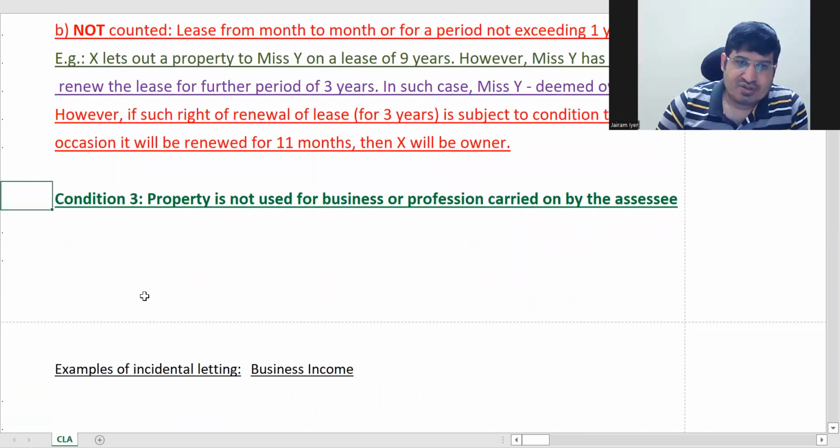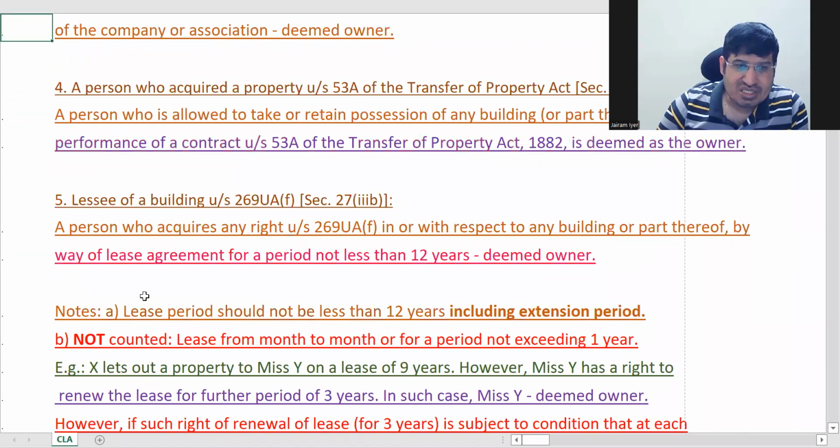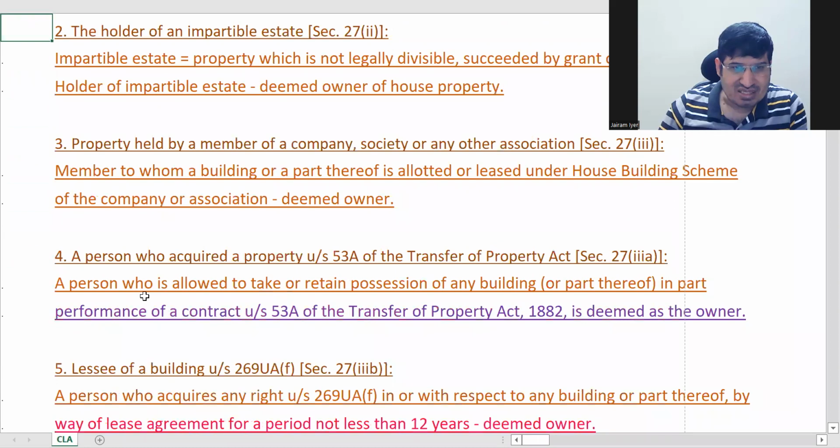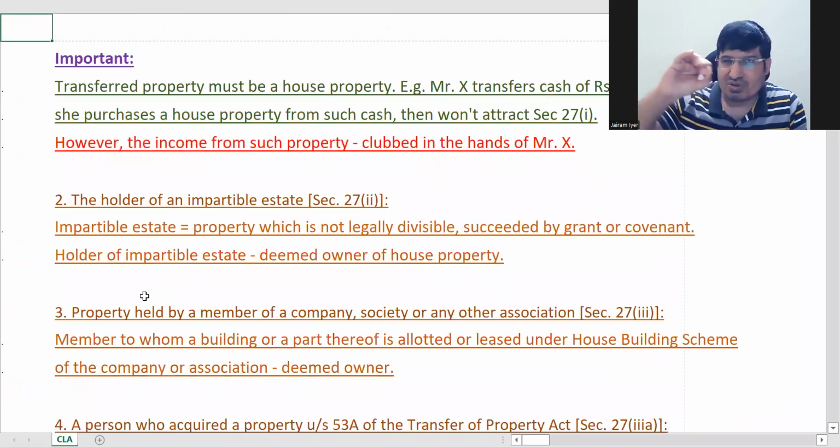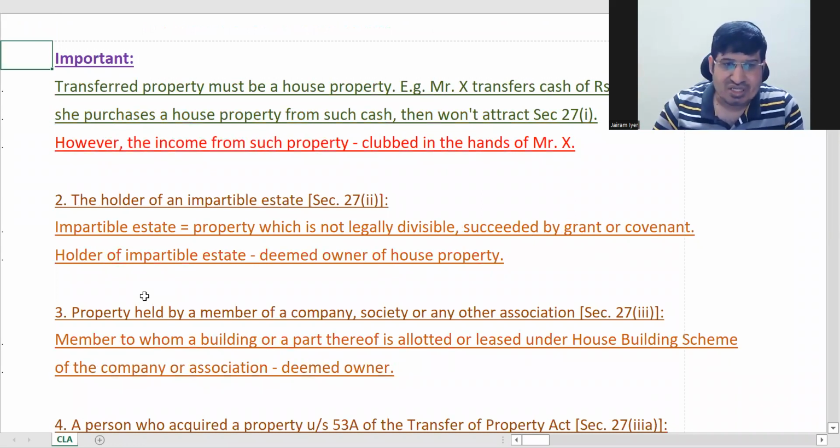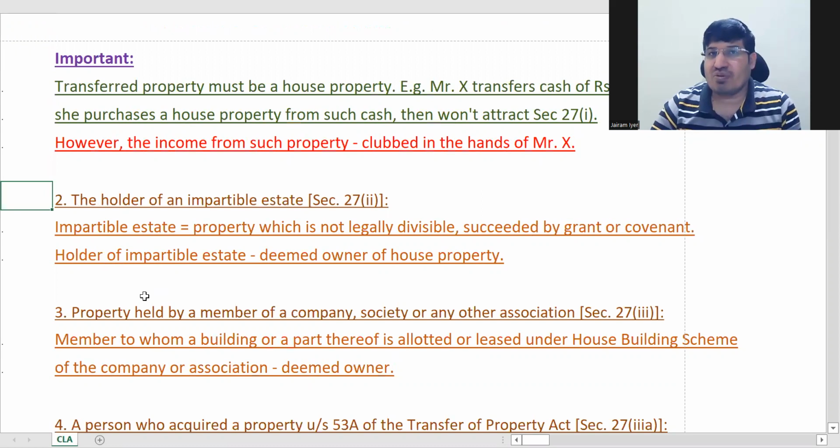Now these are 5 conditions of deemed owner, very important, so you have to remember. Okay, just remember in a simple way, the way I explained it to you. You don't have to learn the whole thing like entire paragraphs. You only need to know what it is, and you should be able to write one sentence about what a deemed owner is. So this will be useful in solving problems also.